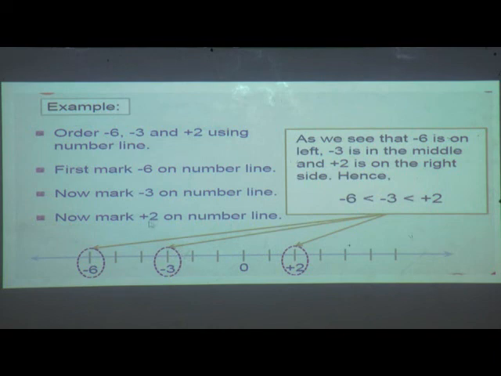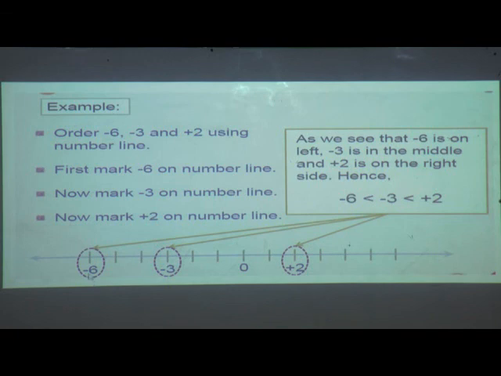Now we have to represent +2 on the number line. From 0 we move towards the right, 2 steps, 1, 2. This is +2. Now we have marked these 3 points on the number line. Towards the left side we have 2 numbers, -6 and -3. Which is the smaller one?